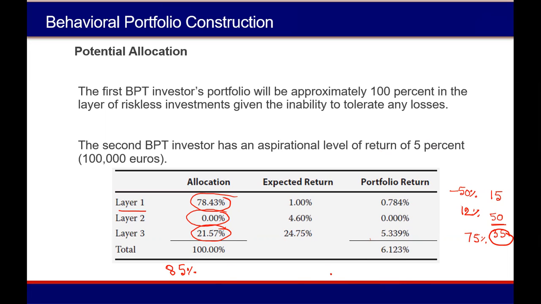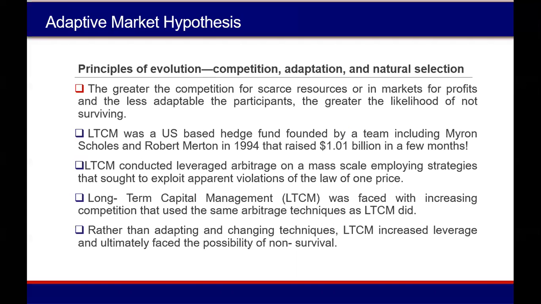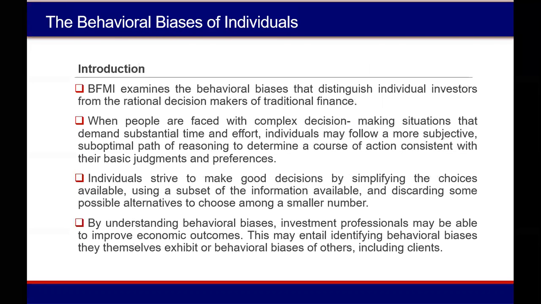Okay. Yes, sir. So let's continue for understanding the behavioral biases of individuals that investors, or not only investors but also the asset managers, most often exhibit when they make financial decisions, not for themselves but for their employers or also for their clients.